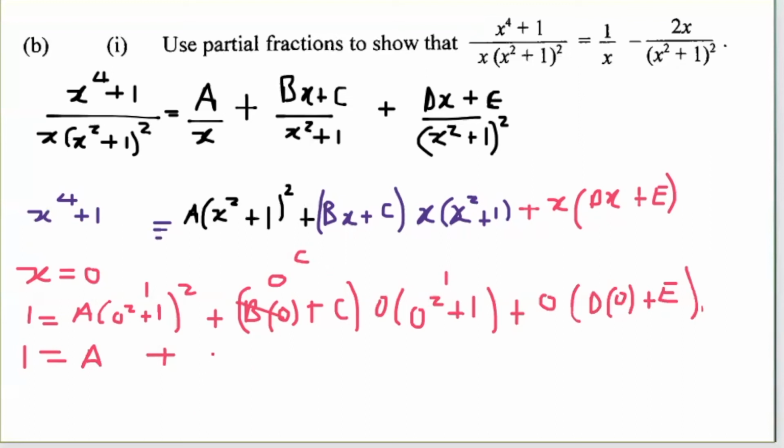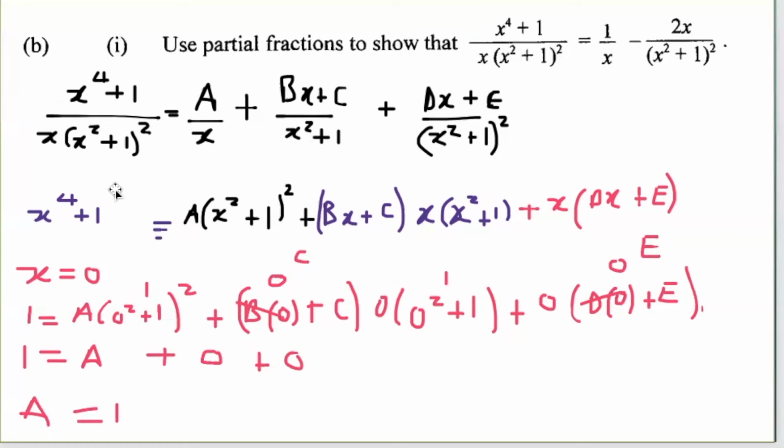That's 0 times 1, that's 0. d times 0, that's 0. Plus e, that gives me e. But e times 0 gives me 0. So here I have a to be 1. So I found what is a.